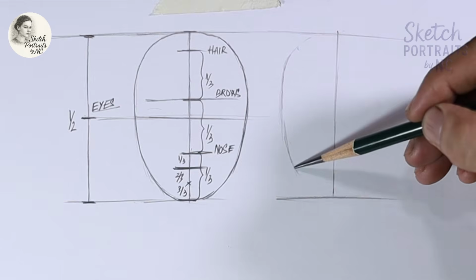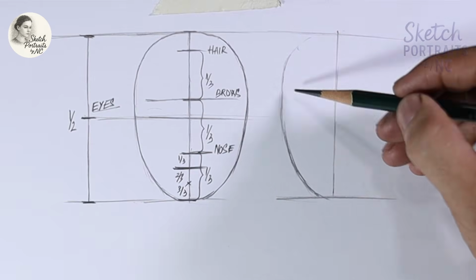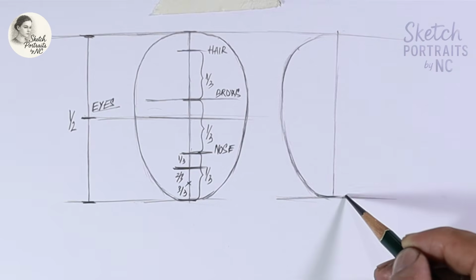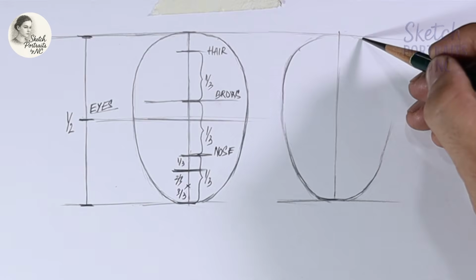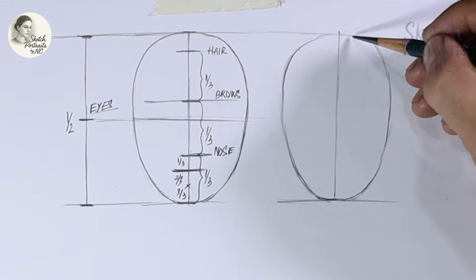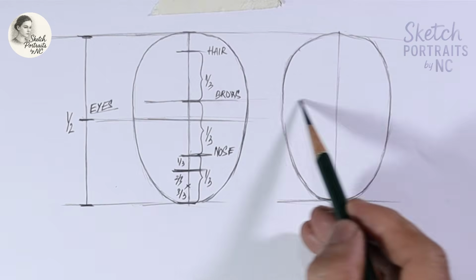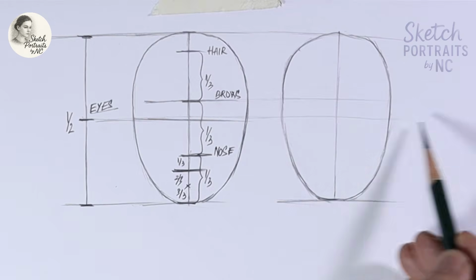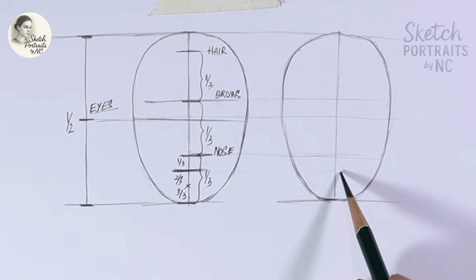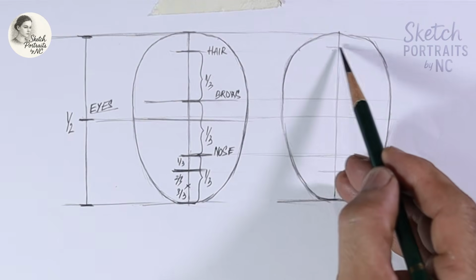Step 2. Divide the face horizontally. We will redraw the frontal head shape based on the height in step 1.